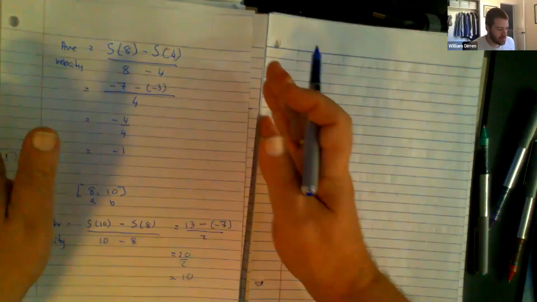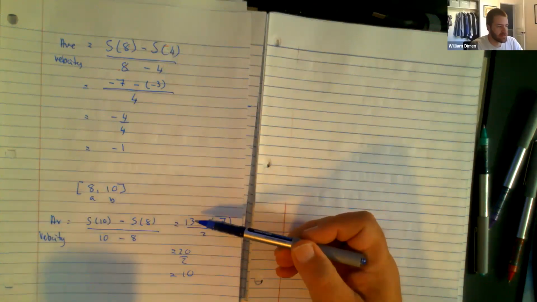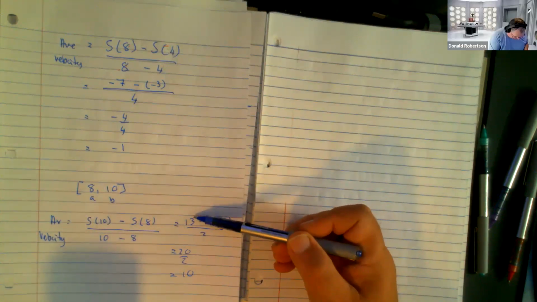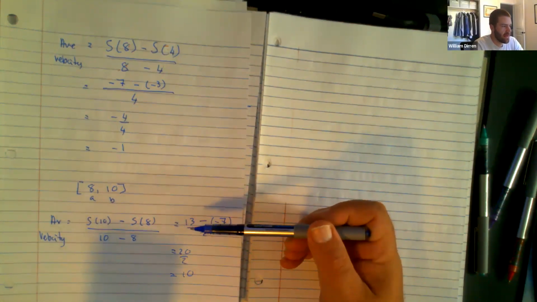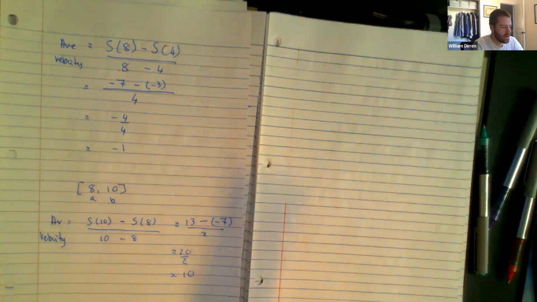Yes, sir. For the last one, I got 2 as the answer for 8, 10. Which one did you get? I got 2 as the final answer instead of 10. Because I can't count? Let's check. I believe x of 10 is -3, not 13. It is.